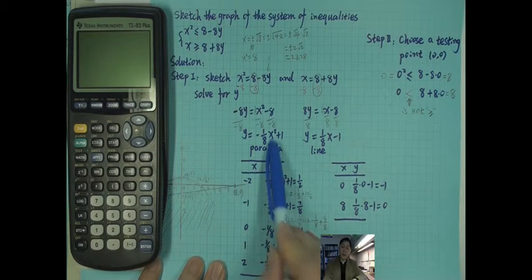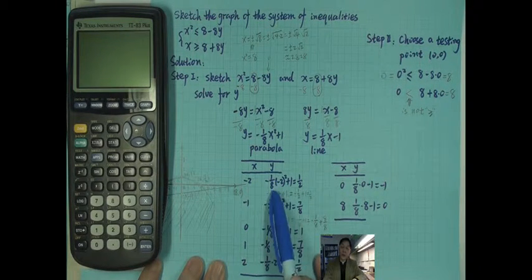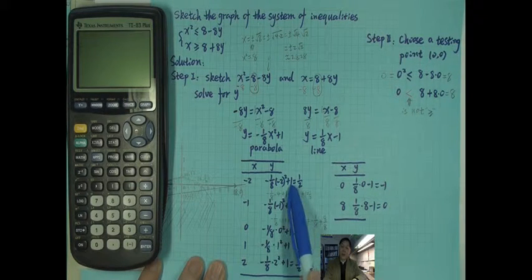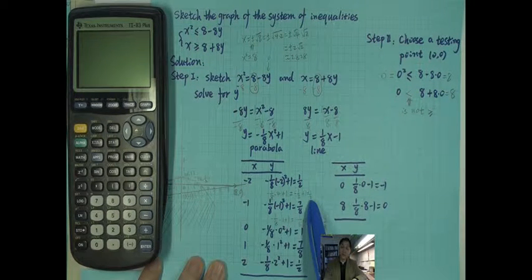You plug in here -1/8 times -2 squared plus 1. You know -2 squared is 4, and -1/8 times 4 is -1/2. And then plus 1 is +1/2. So that's why we have +1/2 here.